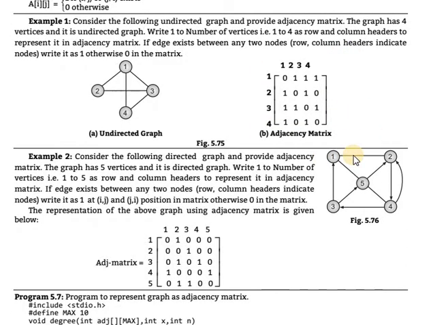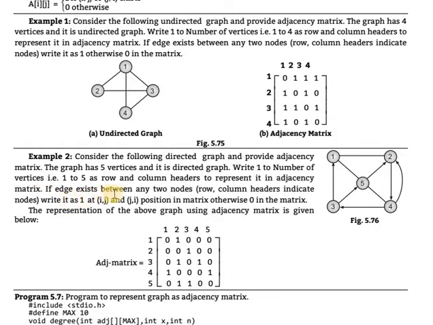Okay. Another example, example 2. Consider the following directed graph and provide the adjacency matrix. If the graph has 5 vertices and it is a directed graph, write 1 to 5 as rows and columns in the adjacency matrix.